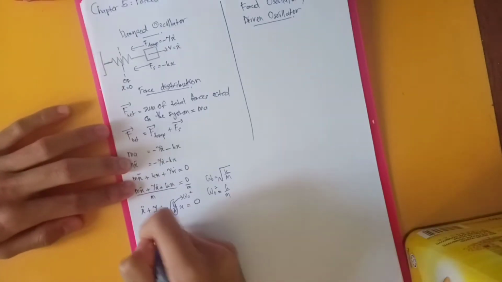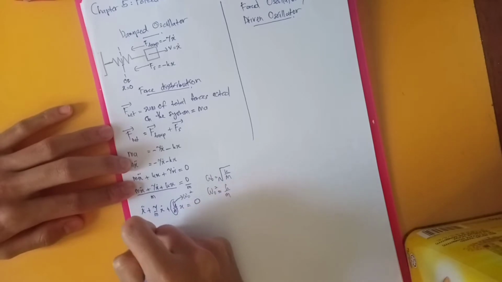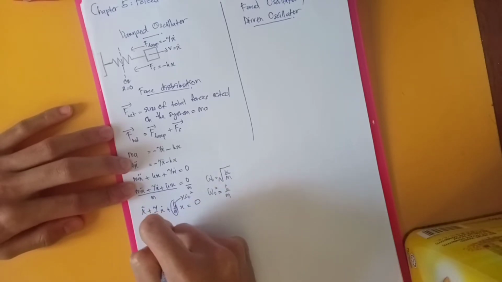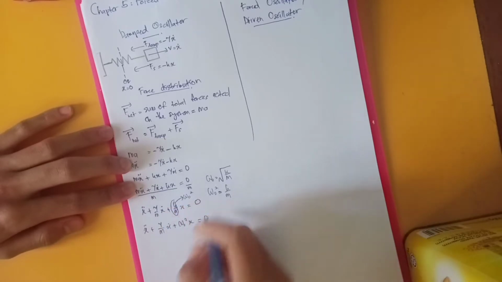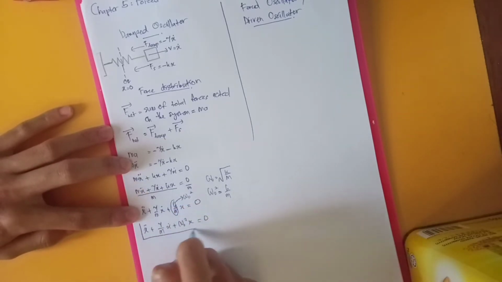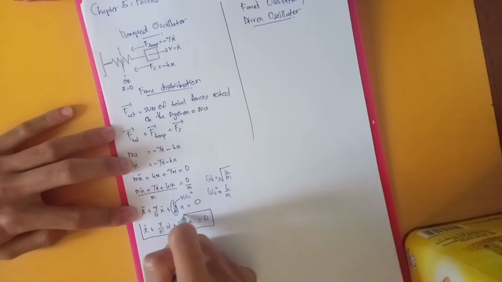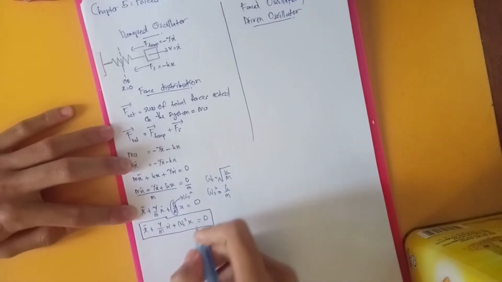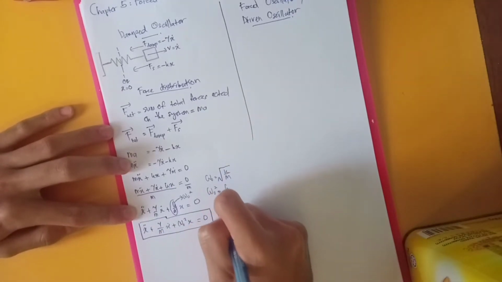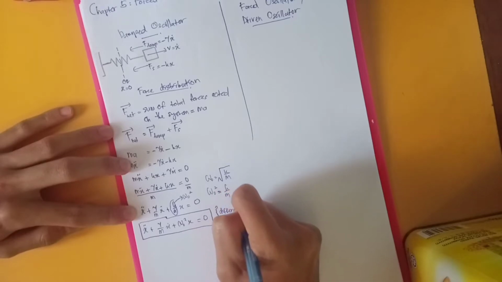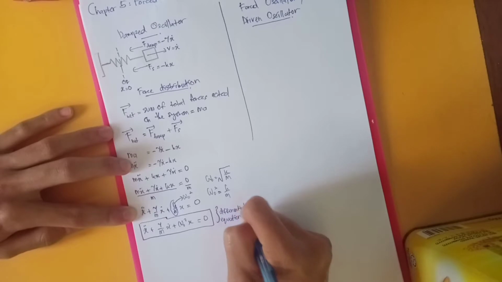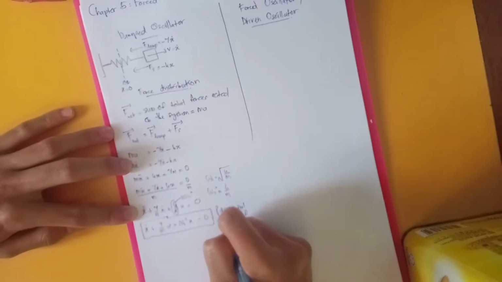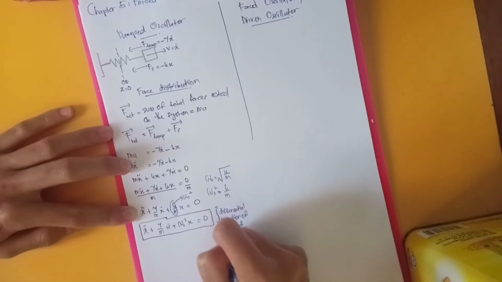So finally we get x double dot plus gamma over m x single dot plus omega naught squared x equal to 0. This is how we get the differential equation of motion of the damped oscillator.